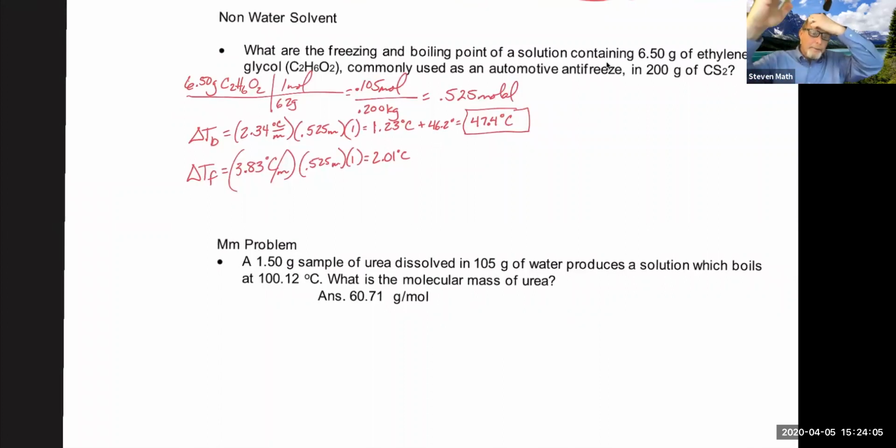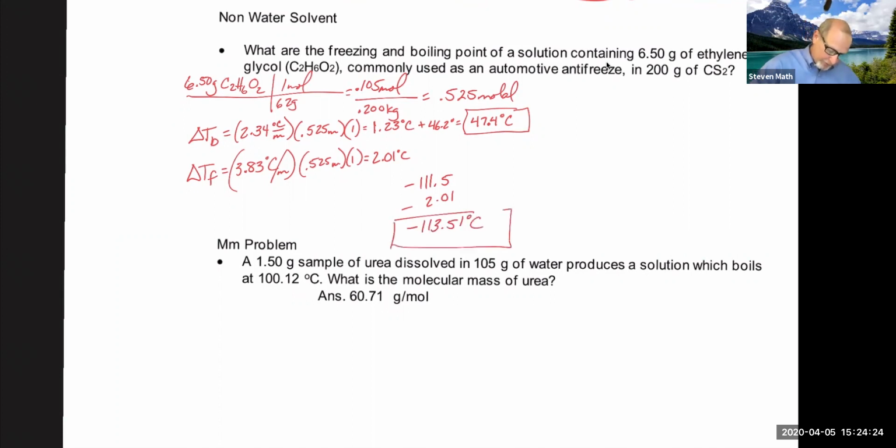Instead, I'm going to look up at the top of the page and find out what's the normal freezing point. Well, normally the freezing point's negative 111.5, minus 2.01. That's going to make this negative 113.51 degrees Celsius. So that's what we do when it's something that isn't water.